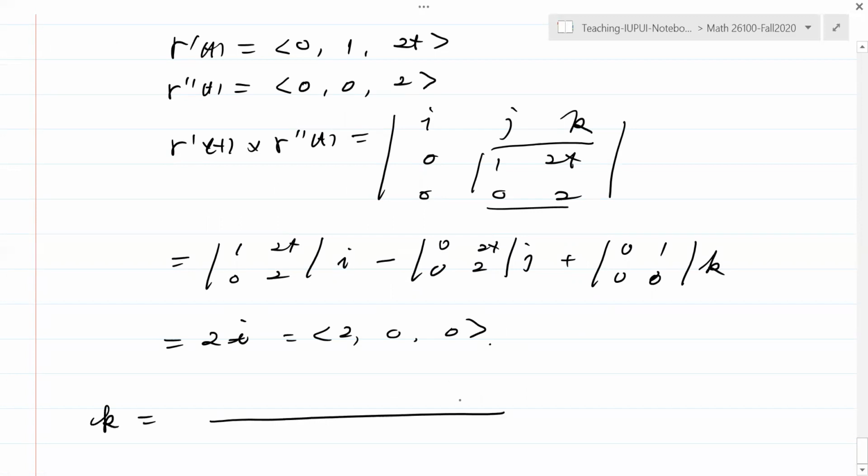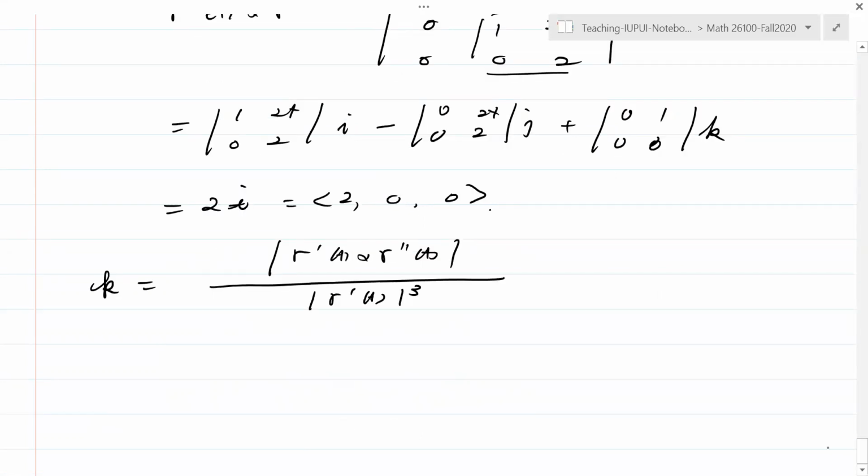Now I can write down the curvature formula. For convenience I use the prime notation, because I don't have arc length here and t is the only variable. Otherwise you don't know which variable you're differentiating with respect to. The numerator is the length, just 2.